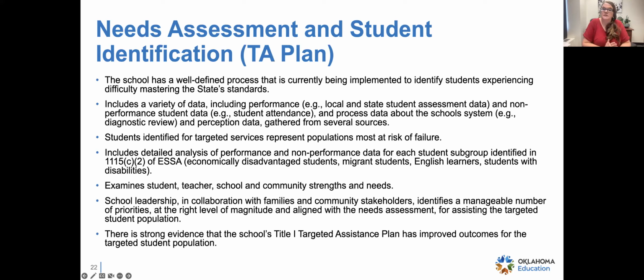If it is less than 35% or less than your district average, you can qualify for a waiver to operate as a school-wide school. So you wouldn't have to identify a specific group. You could use the funds for the overall implementation and improvement of the academics of your entire school.